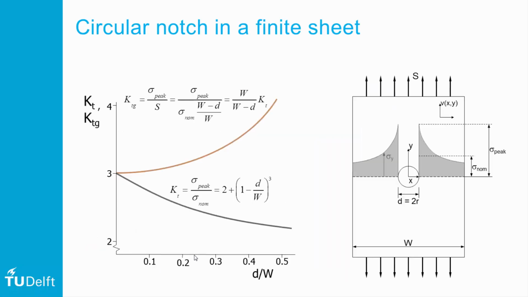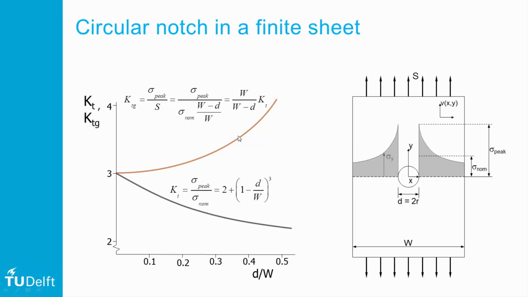So if I plot the Heywood relationship, which is this blue curve starting at 3 for an infinite plate and reducing once the width becomes smaller, then the corresponding Ktg, or the gross stress concentration factor, is increasing and given by this equation. Now you can recalculate one equation into another simply by applying the equation given here.